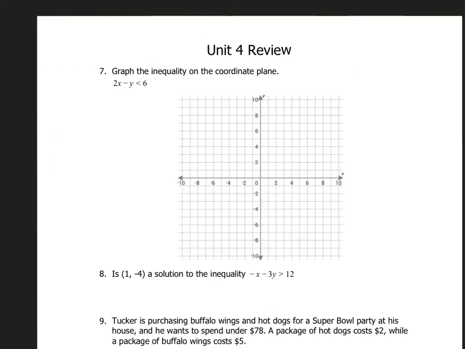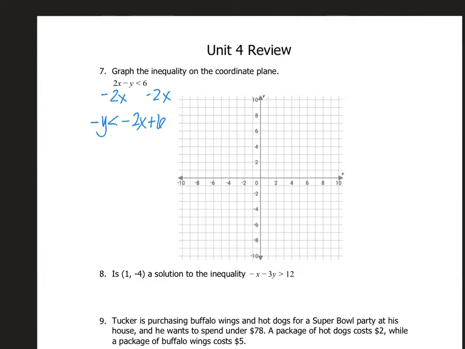Okay, so now we are on the third page and we need to graph this inequality. It is currently in standard form, and the easiest way to graph something is when it's in slope-intercept form. So we need to move a few things around in order to get it in slope-intercept form. So then we have negative y is less than negative 2x plus 6.